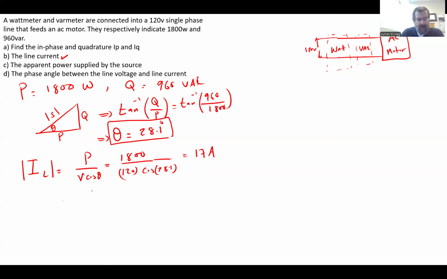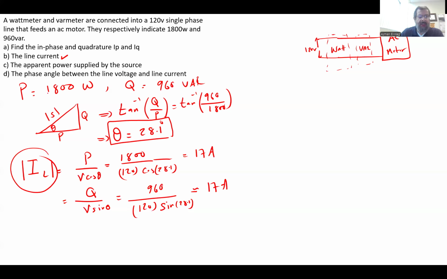Or it is Q over V sine theta, which is equal to 960 divided by 120 sine of 28.1, and this is also equal to 17 amp. So we found I line.